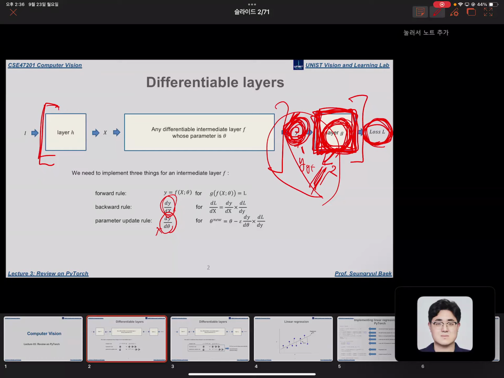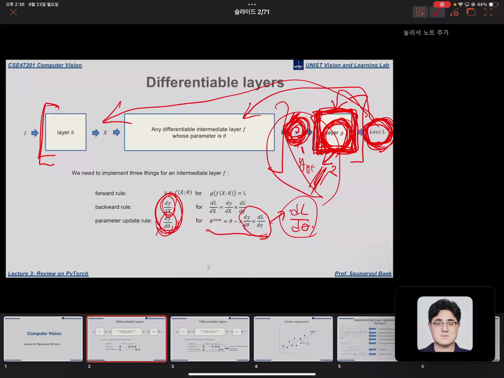So in that sense, we can also interpret this loss calculation as a layer. Anyways, when we can calculate these two gradient values, then we can eventually calculate the differentiation of the final loss with respect to all the parameter vectors inside the deep architecture. So this vector is denoting the parameters of the deep architecture, and this is denoting the loss.